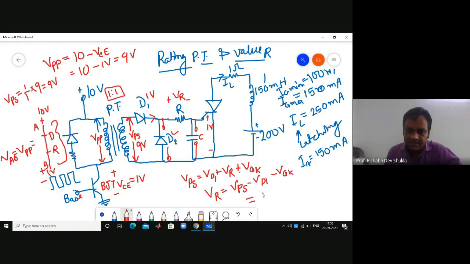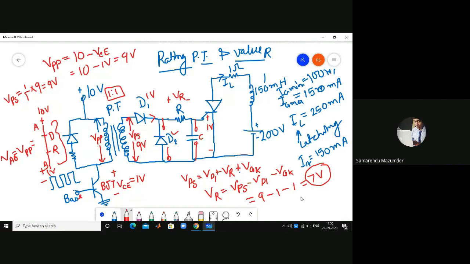That means VPS is your 9 volt, voltage drop in the diode D1 is 1 volt, and on state voltage drop across gate to cathode junction 1 volt is given. So at last you are having 7 volt across the resistance R.